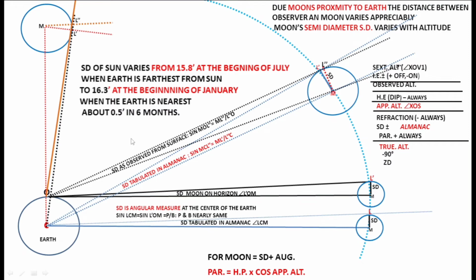So there is no augmentation of semi-diameter for sun, because as you can see here, from 15.8 when earth is the furthest from the sun to 16.3 when it is closest in the month of July, nearly 6 months, it's just changing about 0.5. So for sun, semi-diameter, whatever is given in the almanac, that holds good for 3 days.